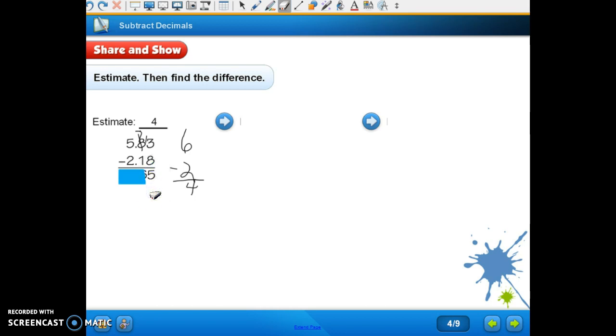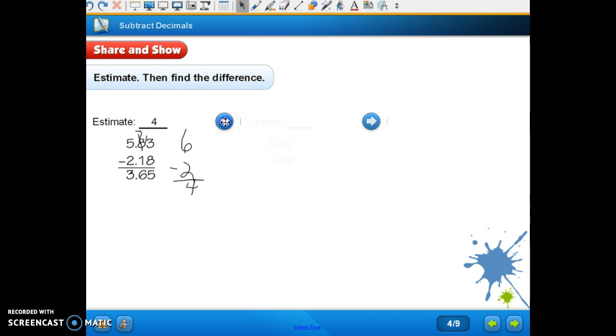Can we do that? Yes. And that will be 6. We have our decimal point. Then in the ones we have 5 minus 2, which is 3. So is 3 and 65 hundredths close to 4? Yes. If I were going to round 3 and 65 hundredths, it would round up to 4, wouldn't it?